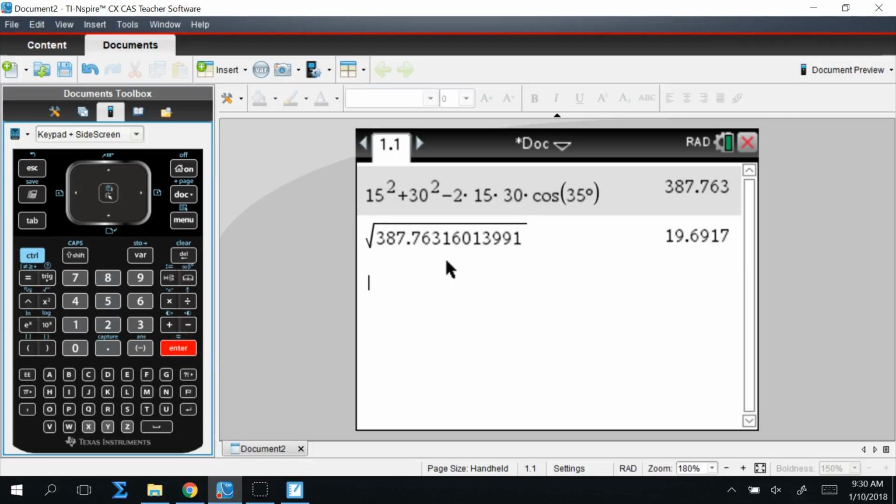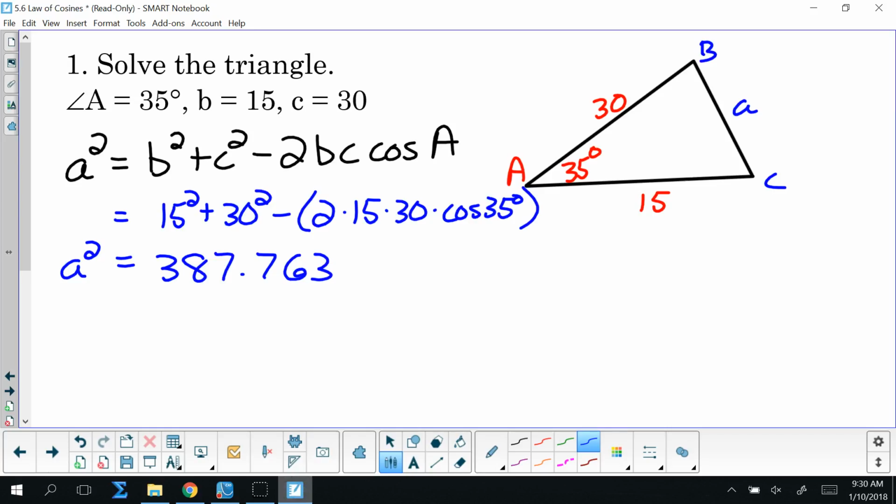But that gives me A here is 19.6917. Now, leave that on your calculator. Leave it on there, because we're going to use that coming up. Don't round it, just leave it. Okay?